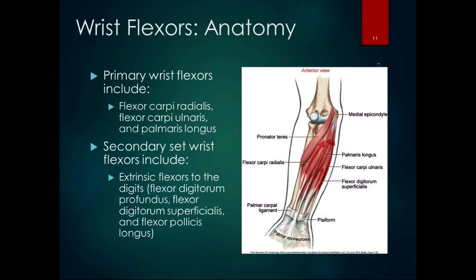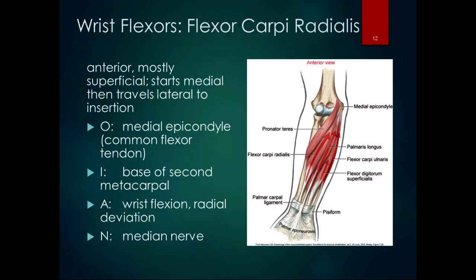And you've got to love the wrist muscles. They have those common origins. So the common flexor tendon is on the medial epicondyle, just across the street from the common extensor tendon on the lateral epicondyle. So just across the elbow street.